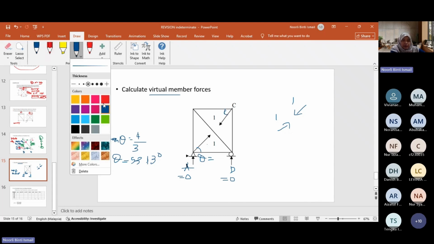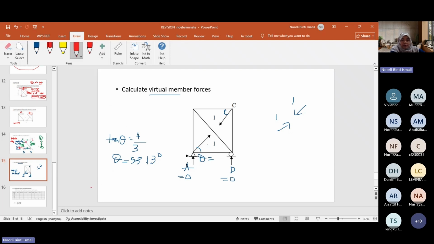Okay. To prove it. Y is 0. Sebenarnya tak perlu kira pun sebab dia memang 0. So, this one, 1 unit load, they have 2 component. Kan? Sebab dia ada angle situ. So, this one will be 1 cos theta. And this one will be 1 sin theta.